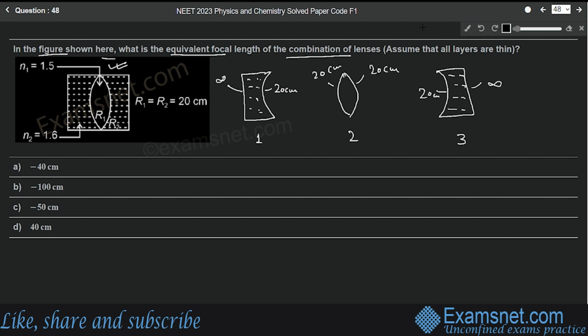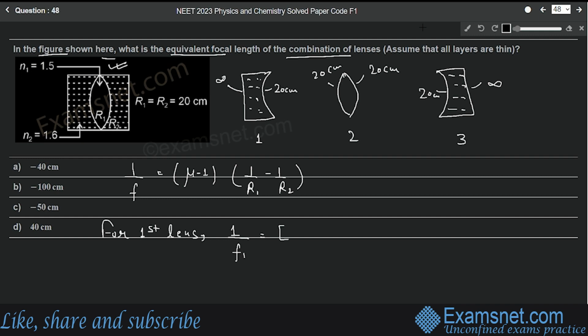Now we know the formula, 1 by f equals mu minus 1 into 1 by R1 minus 1 by R2. So we'll use this formula to find the equivalent focal length. Now for the first lens, 1 by f1 will be equal to mu minus 1.